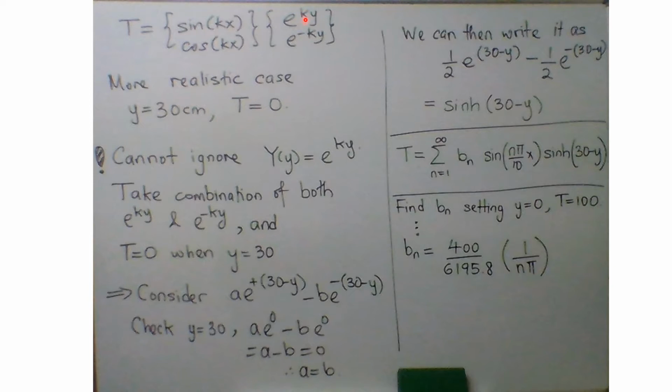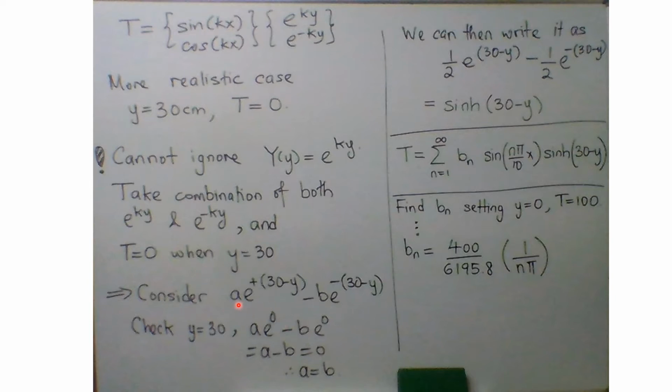The best way is to take a combination of the two, but figure out some way in which they fulfill the boundary condition. The boundary condition is given here. At the end tip of the metal plate, that is y equals 30, your temperature is going to be 0. So one way to do that is to write it in this form, right?